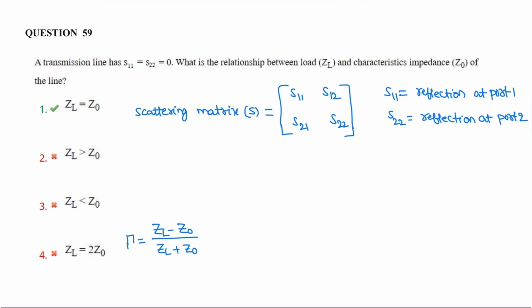Next question. Transmission line has S11 equal to S22 equal to 0. S is a scattering matrix. S11 is reflection at port 1, S22 is reflection at port 2.